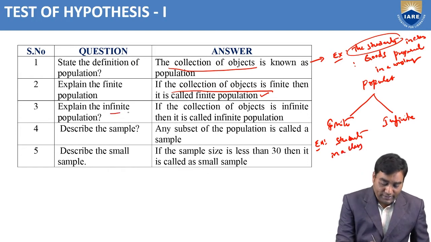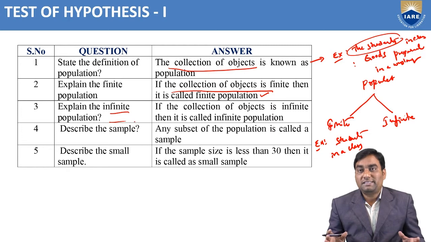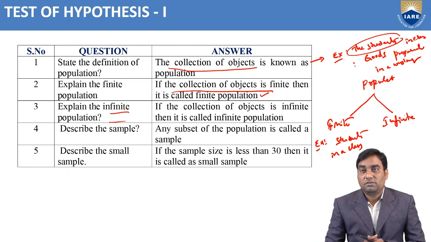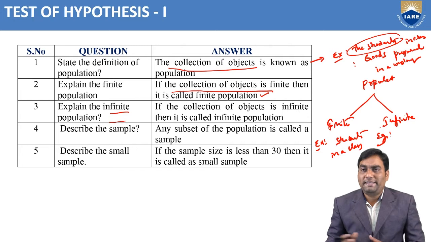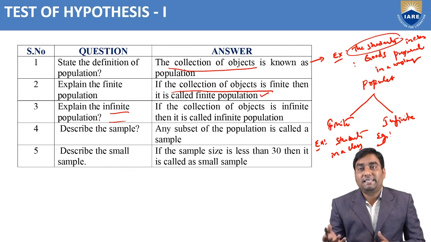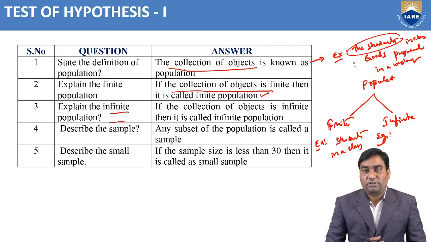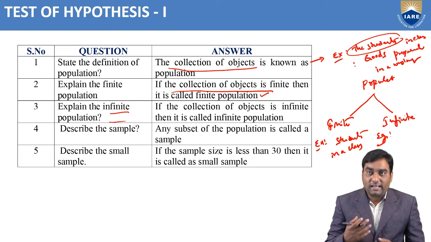What is infinite population? That means it is not countable. It is not limited. It is not finite. Example, goods prepared in a factory, we can treat as infinite population. Why? Because every day the goods are preparing.